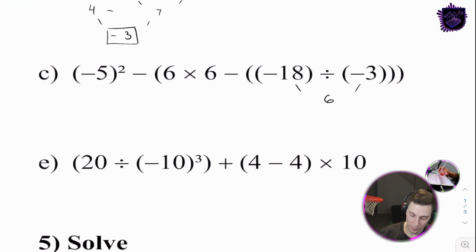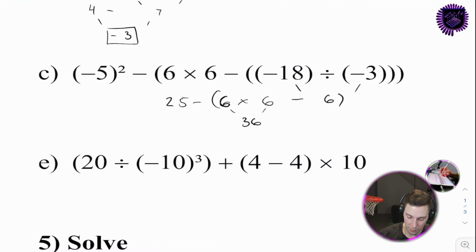Okay, 6 in parentheses. And then we're going to drop down our subtraction sign. 6 times 6. And negative 5 squared, so this is going to be 25. Subtract this. So this is going to be, order of operations, 36 minus 6.